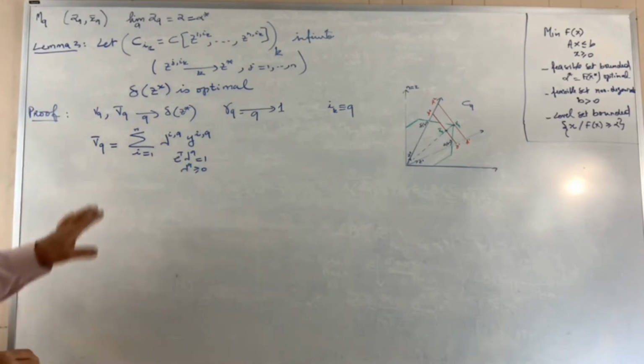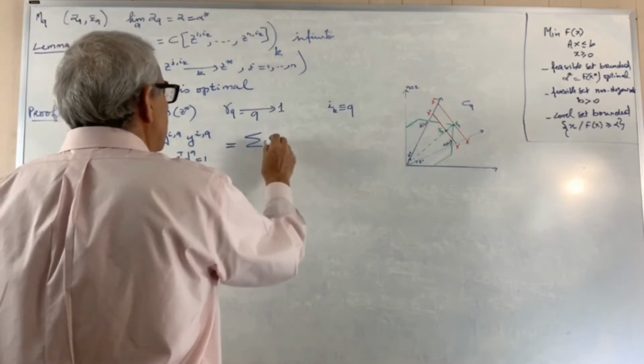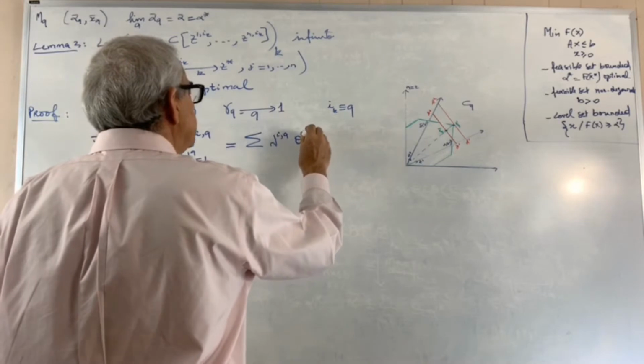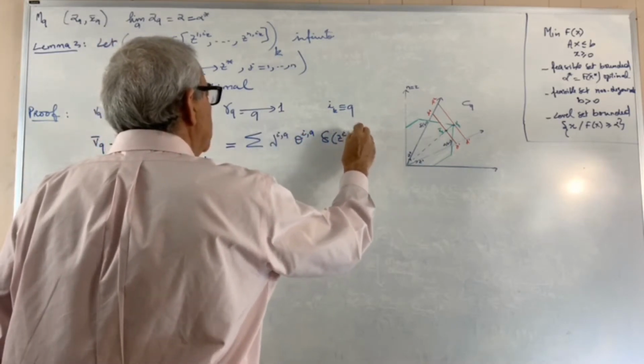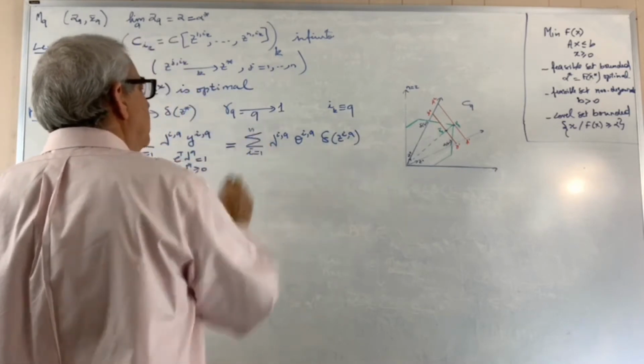Just as we did in lemma 1, which is equal to the sum of lambda_iq theta_iq times delta of z_iq, i equal 1 till n, right?